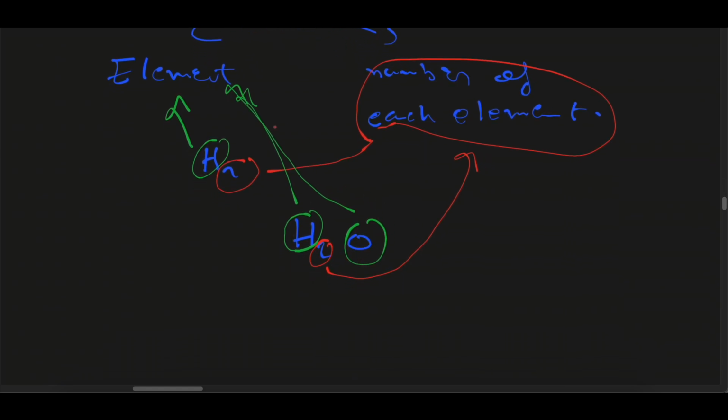Here we have to note that oxygen doesn't have a numerical subscript because we have only 1, and when we have only one atom, we don't add a numerical subscript. Like for example carbon dioxide, we don't add a 1 here, or carbon monoxide, we don't add 1 or 1. So we add the numerical subscript only when it is greater than 1.